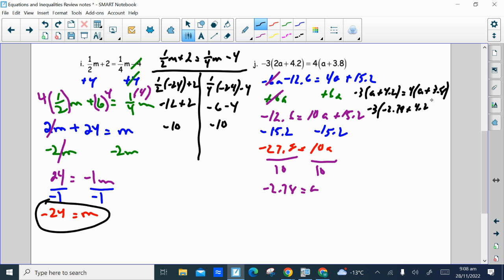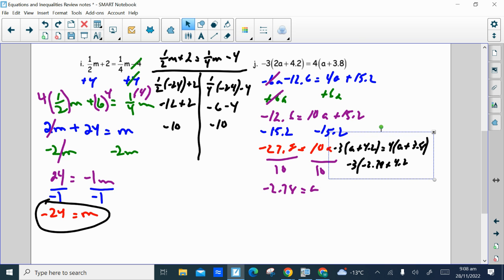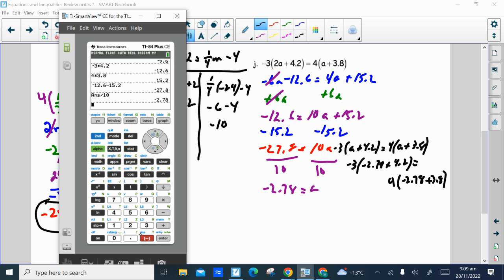And I'm kind of running out of room here, so let's move this stuff down. So on that left side, inside the brackets, we have negative 2.78, and we have to add the 4.2 to that.